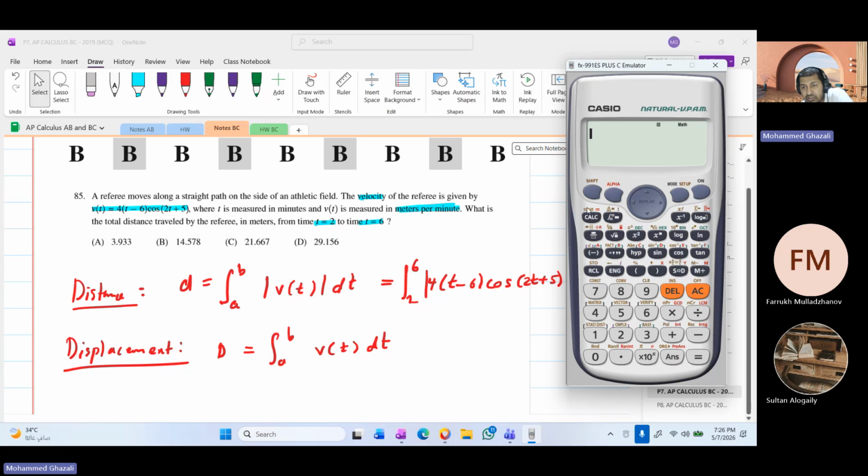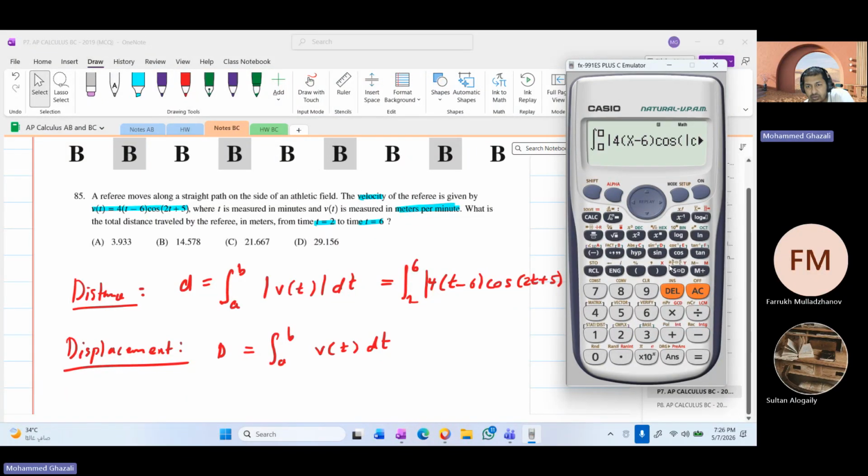You're going to go shift and there's apps. See that hyp above the brackets? There's absolute value. So let's type the integral first and shift apps. So it's 4 open bracket alpha x minus 6 close bracket.